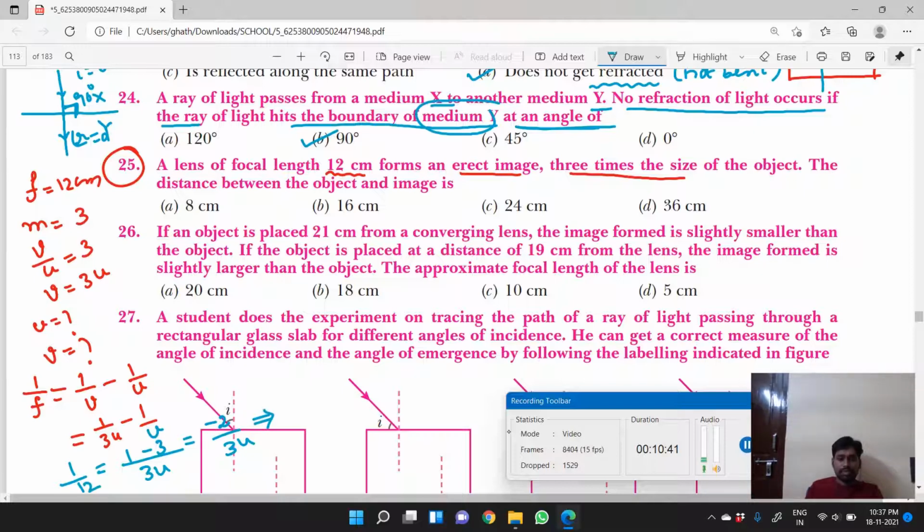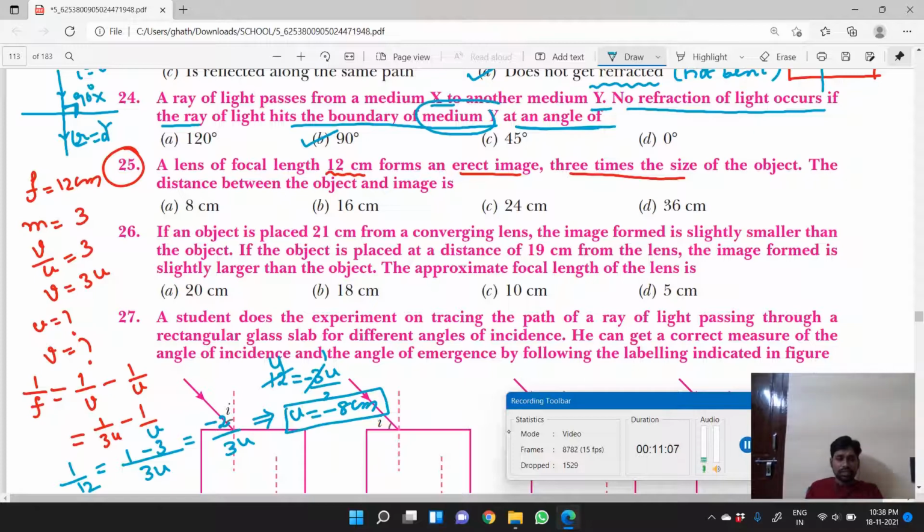So from this you can write it like this: 12 is equal to minus 3u by 2. If you do the cross multiplication, 3 ones are 3, and 3 fours are 12, so u is equal to minus 8 centimeters. This is the object distance.